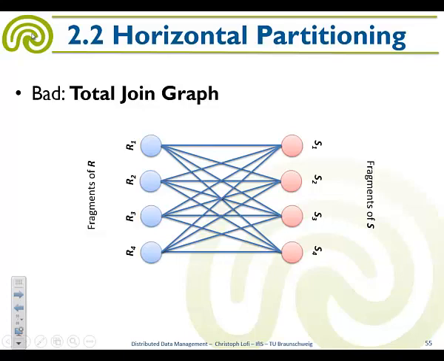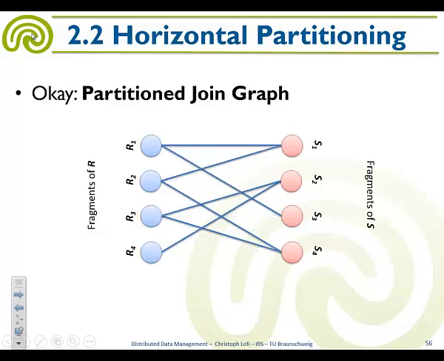Now the big question is, if you end up with a graph like that, is it because you did a bad job at fragmentation, or is it really because that's the way your data is? Usually most applications will end up with something like a partition join graph, where you have certain partitions which are required frequently and others which aren't.